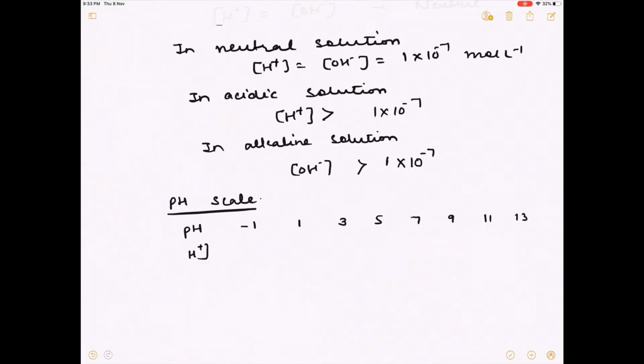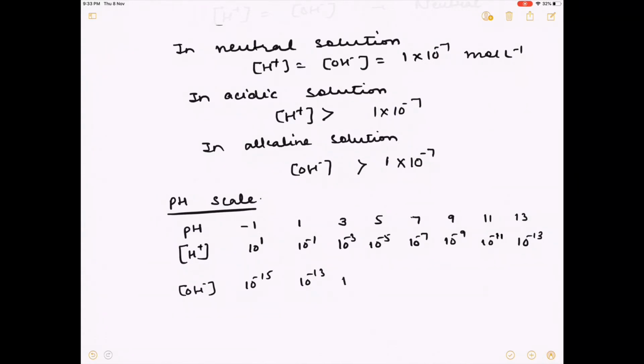Now for this hydrogen ion concentration, it's 10 raised to the power 1, for this 10 raised to the power minus 1, for this 10 raised to the power minus 3, for this 10 raised to the power minus 5, minus 7, minus 9, minus 11, minus 13. And OH ion concentration for this will be 10 to the power minus 15, minus 13, minus 11, because their total should be 10 to the power minus 14, meaning when you multiply these, this should be 10 to the power minus 14.